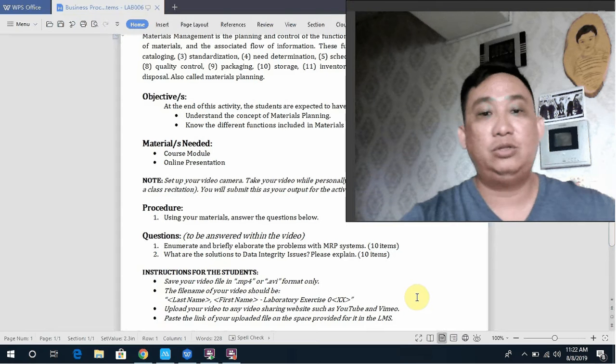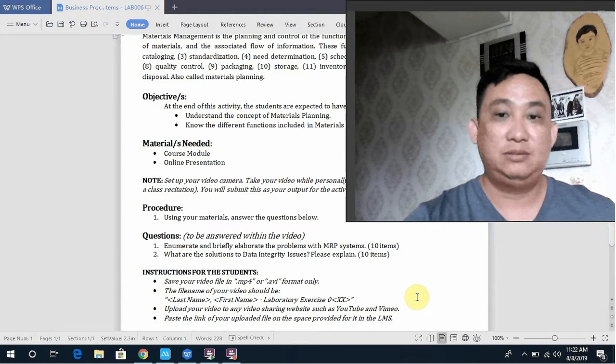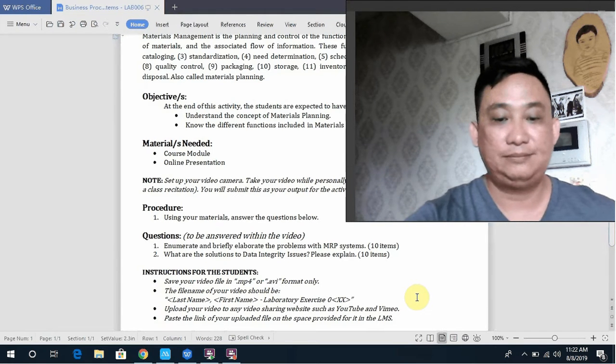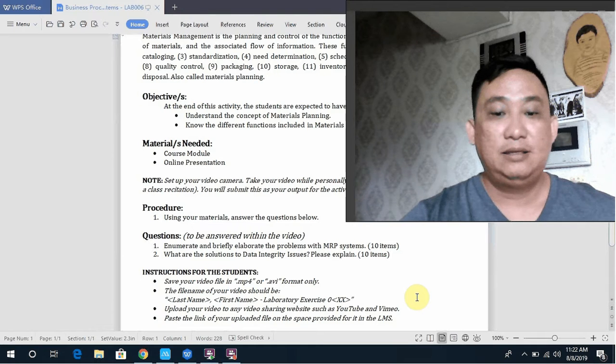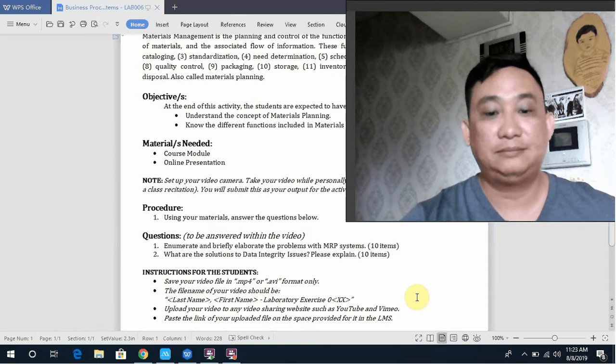What are the solutions to data integrity issues? Please explain. The first one is the bill of material, or BOM. The best practice is to physically verify the bill of material either at the production site or by disassembling the product.